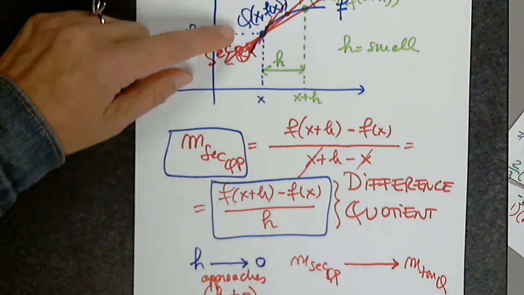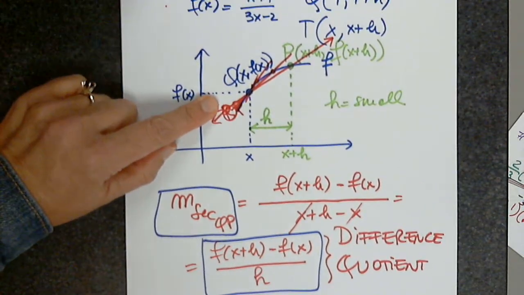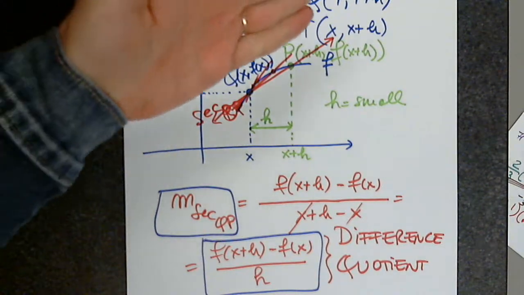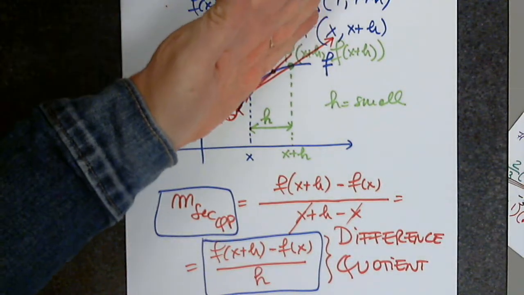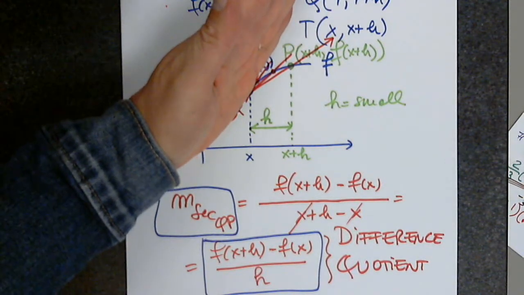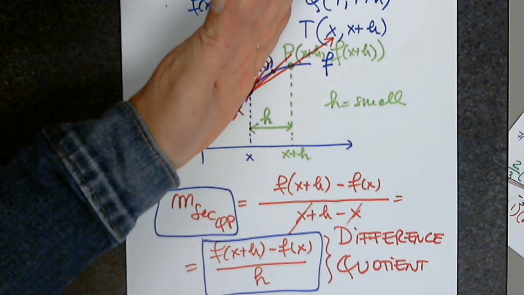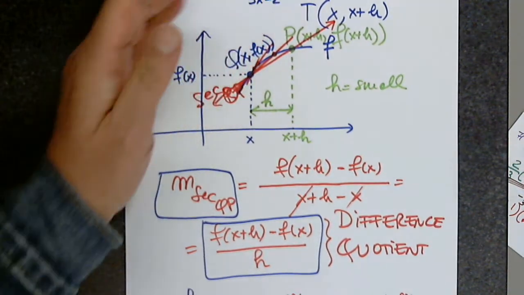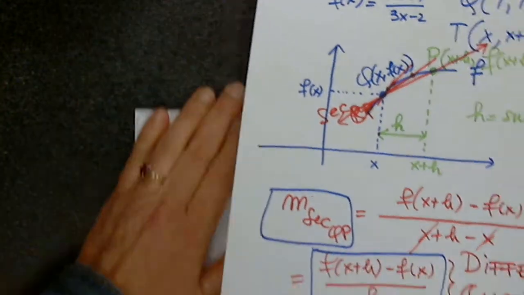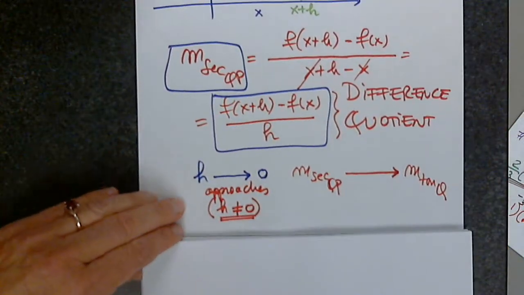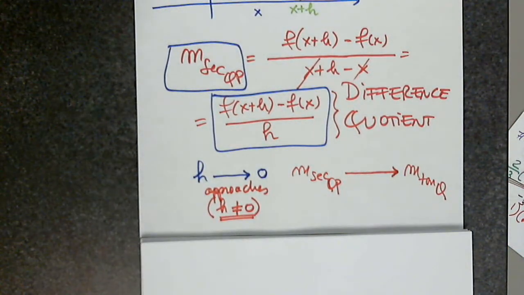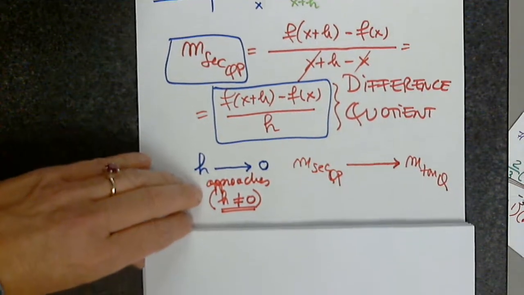So as P gets closer and closer to Q, the secant line gets closer and closer to the tangent line at Q. And we do have a notation, which we hopefully will talk about today. But you don't have to write it right this moment.